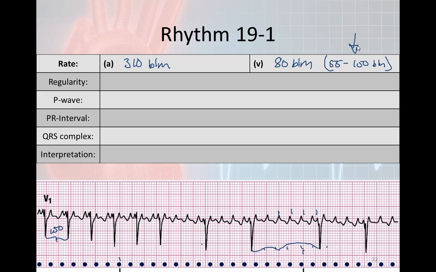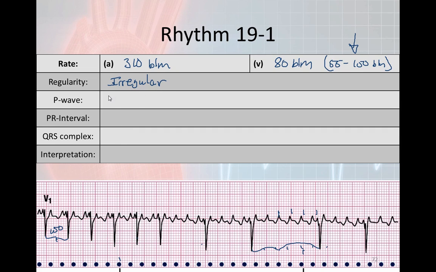Anytime that a rhythm is irregular, you should always put down a range because it really illustrates how much irregularity there is in there. In this case, there's almost 100 beat per minute irregularity going on in there. That's kind of important. If it's 10 or 15 beats a minute, it's okay. It's not as important as 100 beats per minute irregularity. Regularity itself, we were just talking about that quite extensively. It's going to be irregular.